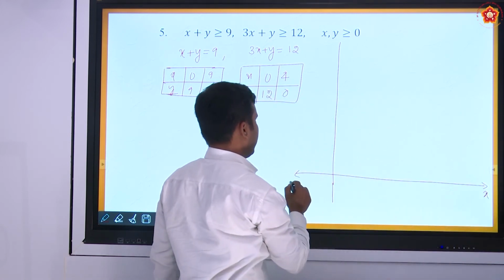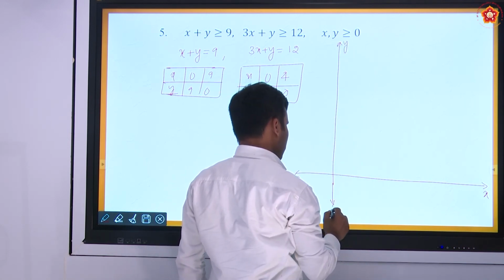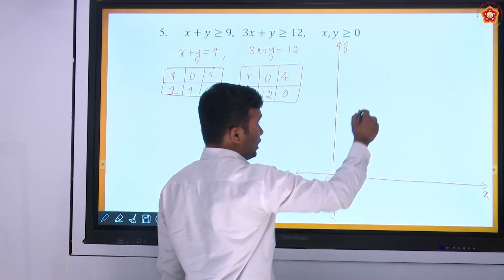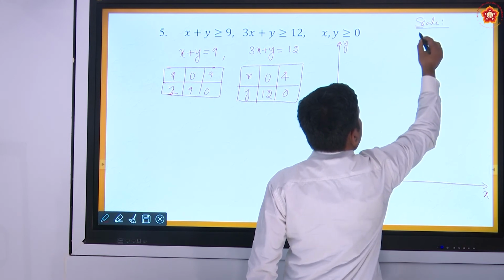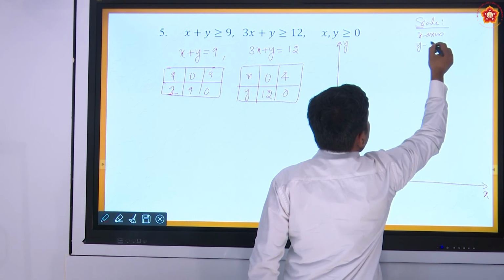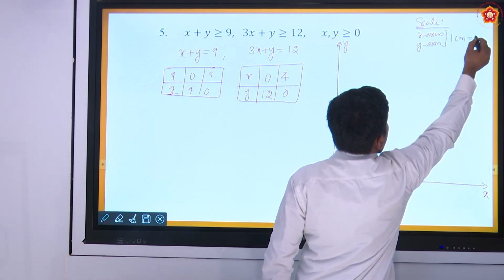X dash, y dash, origin, and for the scale you may take, on both the x axis and y axis, 1 centimeter equal to 2 units.